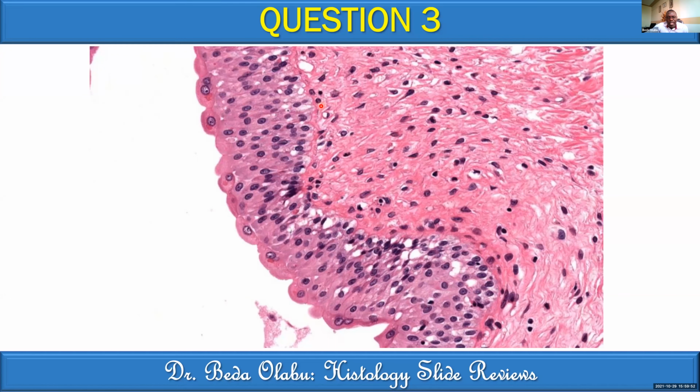If the nuclear layers are in all the zones, like this one, that is stratified. But if the apical zones are relatively devoid of the nuclei, then that is pseudostratified. So here we can see the cells are reaching the apical surface, and we see nuclei there. All the zones have nuclei.